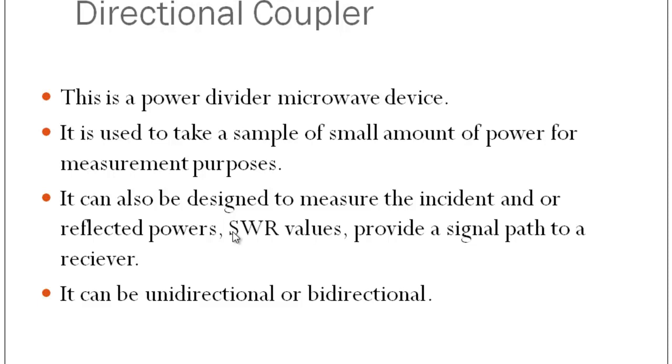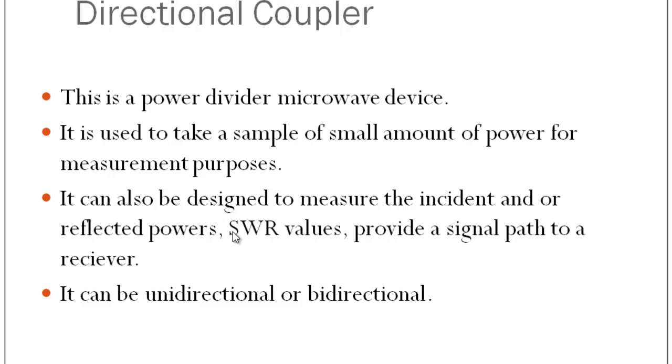Depending on the measurement of the power, directional couplers are categorized into two types. One is known as unidirectional and the second is known as bidirectional. In a unidirectional coupler, only the incident power is measured.